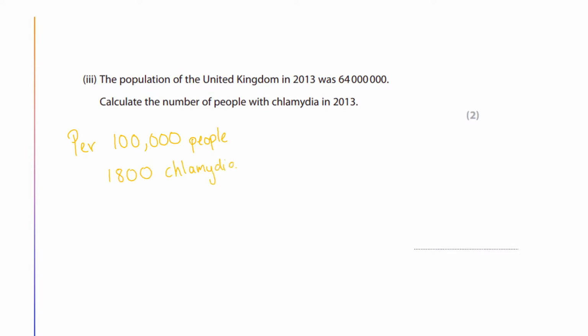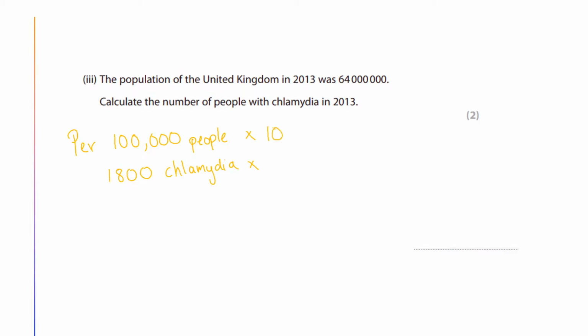There are a few different ways we could do this. The population is 64 million, so we could multiply to get to 1 million, then multiply by 64. I think that's the easiest way of doing it. For 100,000, all we need to do is multiply by 10 to get a million.